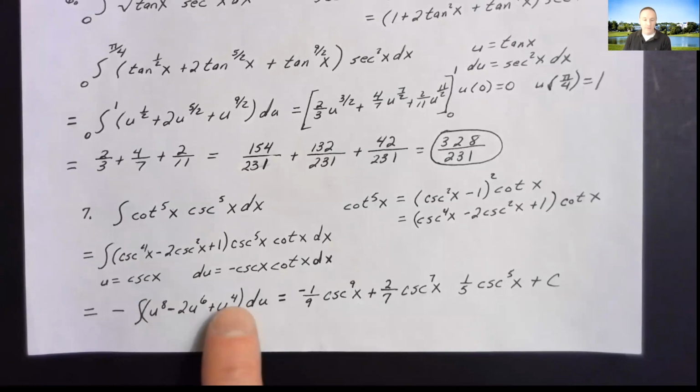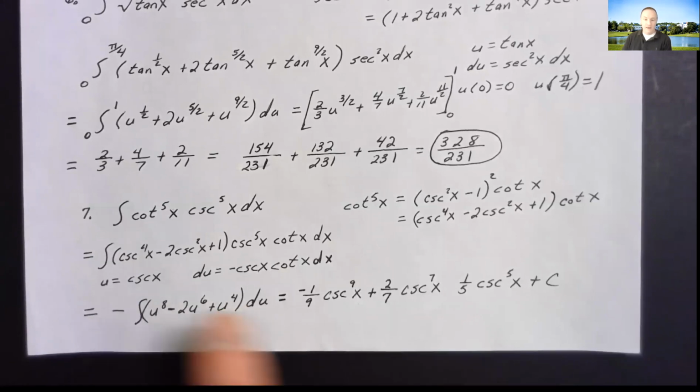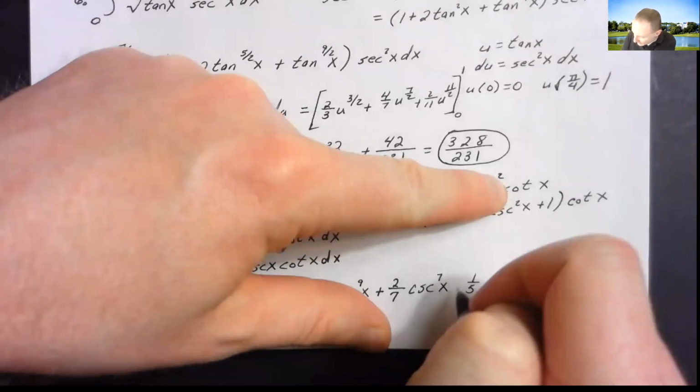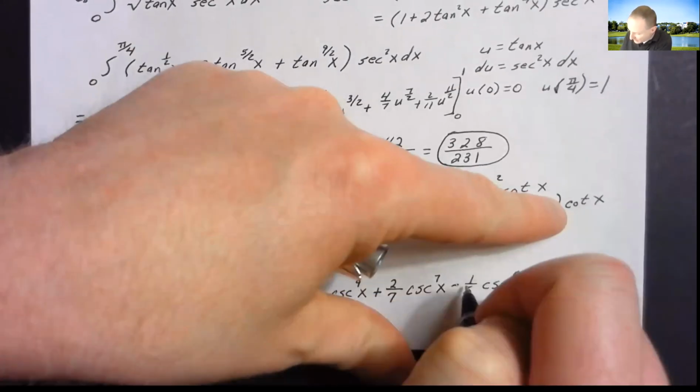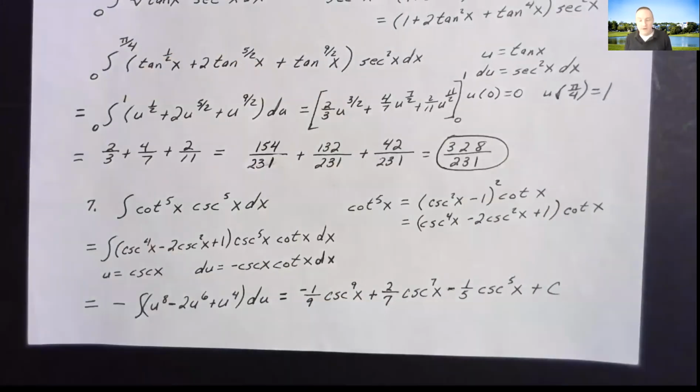My last term would be u to the 5th over 5. This is going to make it negative. And ooh, I need the negative sign out in front of that, minus 1/5, ooh, ugly, minus 1/5 the cosecant to the 5th of x plus your glorious constant of integration there. Last page here.